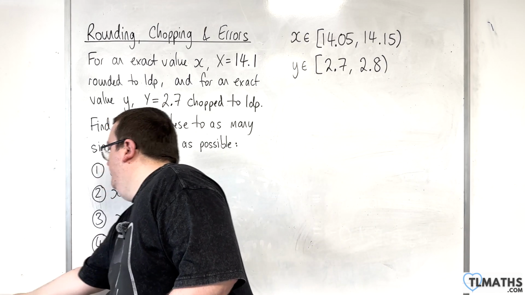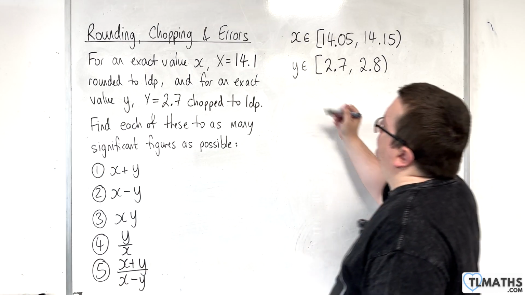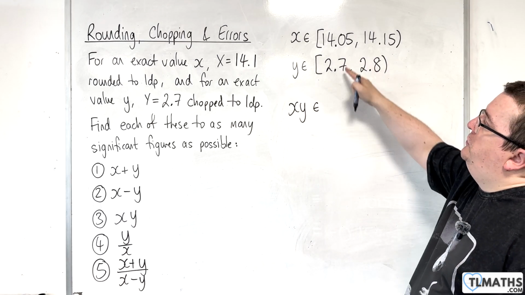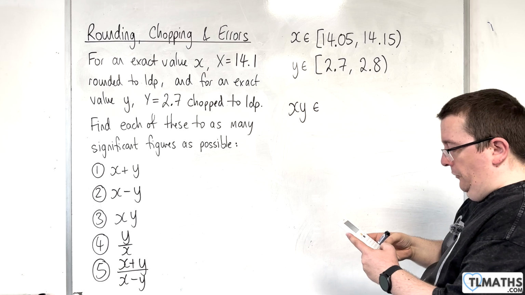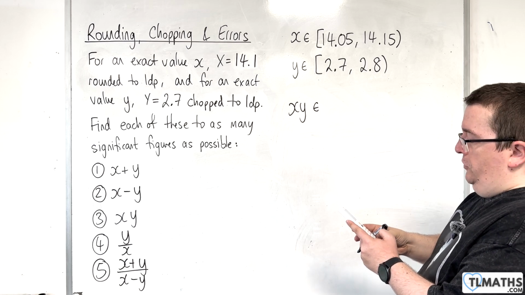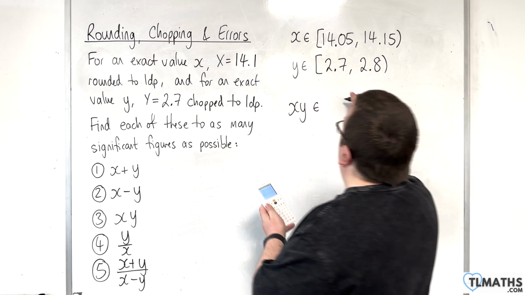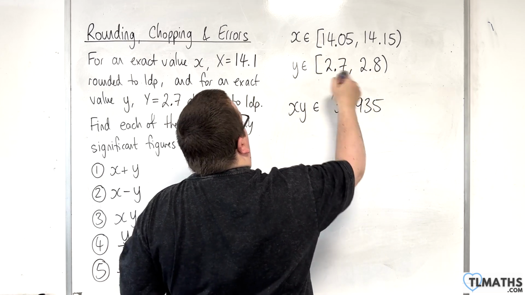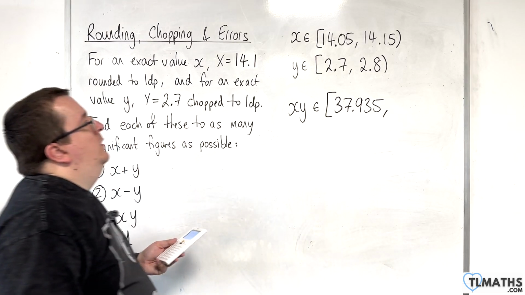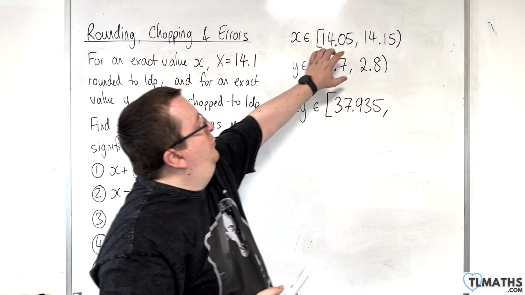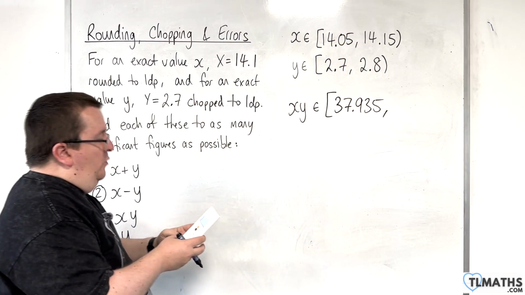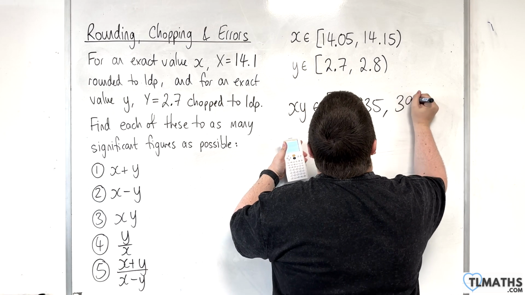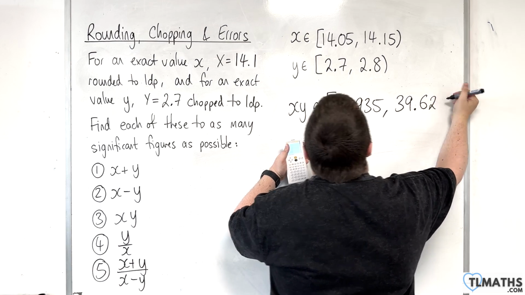Okay, now x times y. The smallest value of that will come from multiplying the two smallest values of x and y together, of course. So 14.05 times 2.7, and that's 37.935. And because we're using two values that we're including here, we can include that one. Then the largest value will come from multiplying together the two largest values, 14.15 and 2.8, and that gets us 39.62.